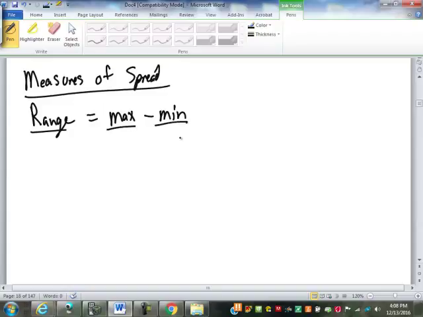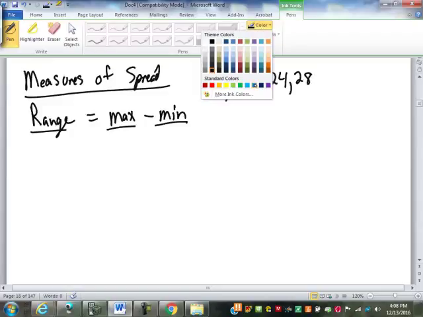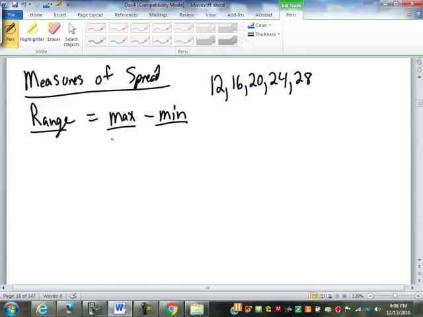The minimum is the smallest number in the list. So let me give you a list of numbers here. What's the range of that list? Largest number is 28, smallest number is 12. It's a range of 16.